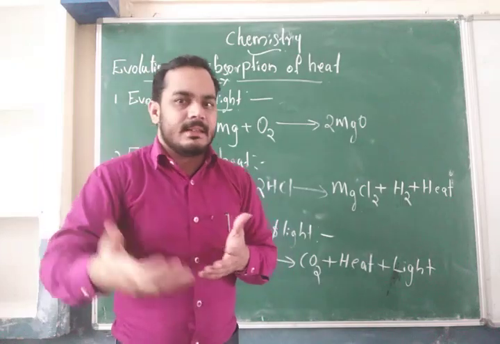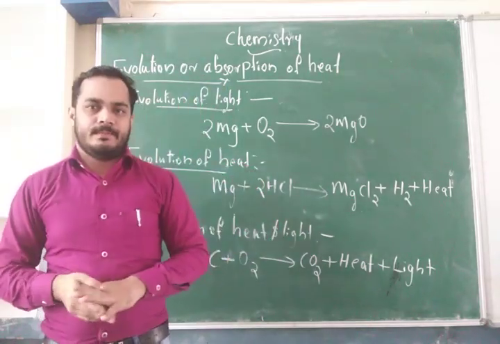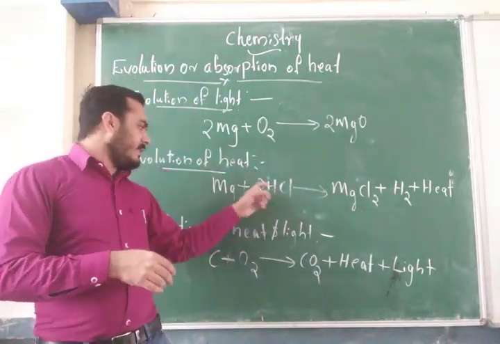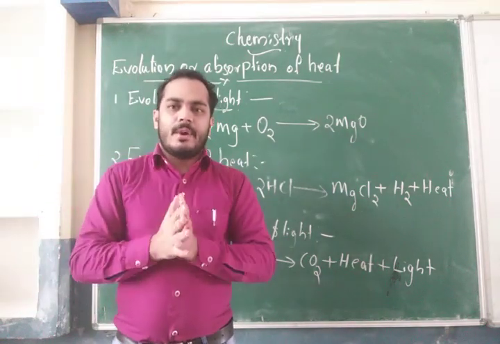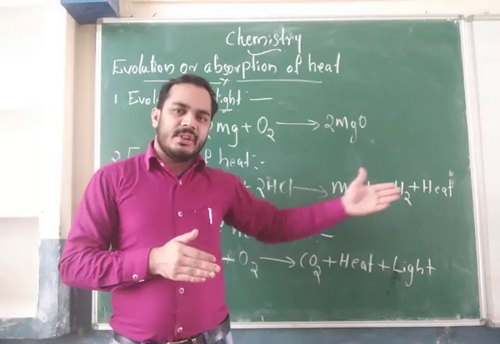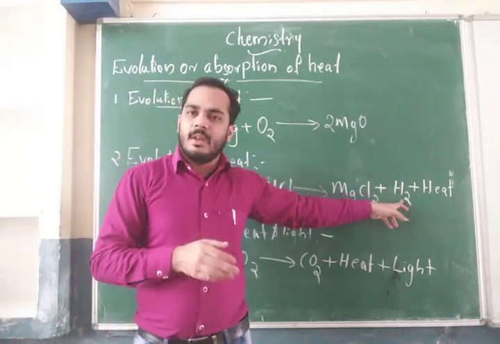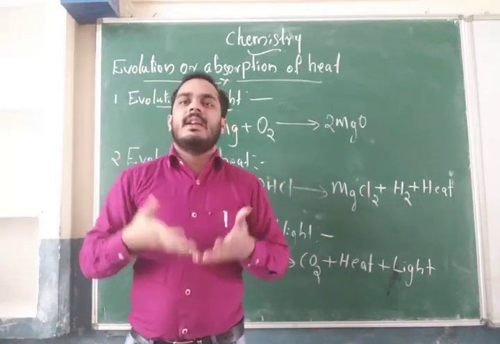Heat is produced. In the reaction between hydrochloric acid and magnesium, there are 2-3 products formed. The first product is magnesium chloride, the second is hydrogen, the third is heat energy.